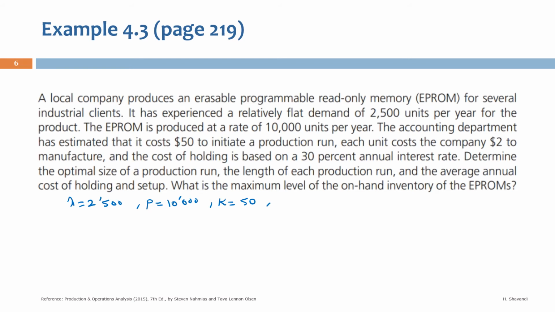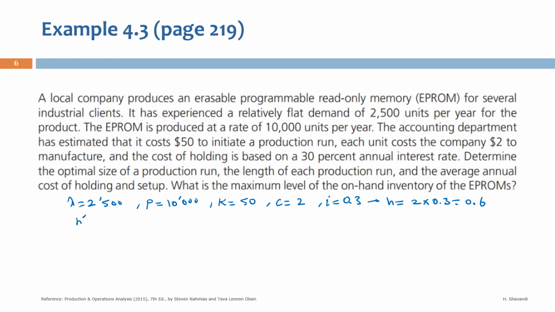So C here is $2, and the cost of holding is based on a 30% annual interest rate, so I here is 0.3. So h becomes 2 times 0.3, which will be 0.6. We need first to calculate H prime.